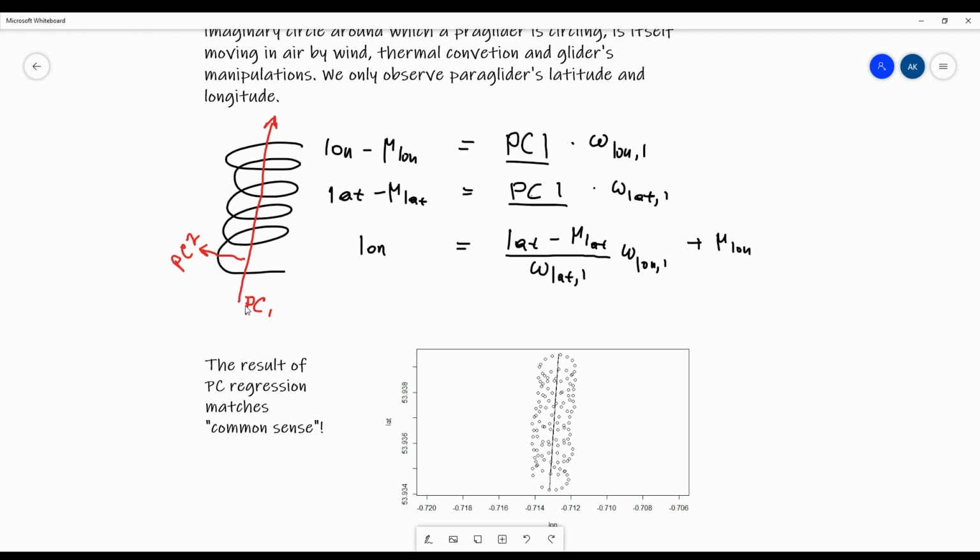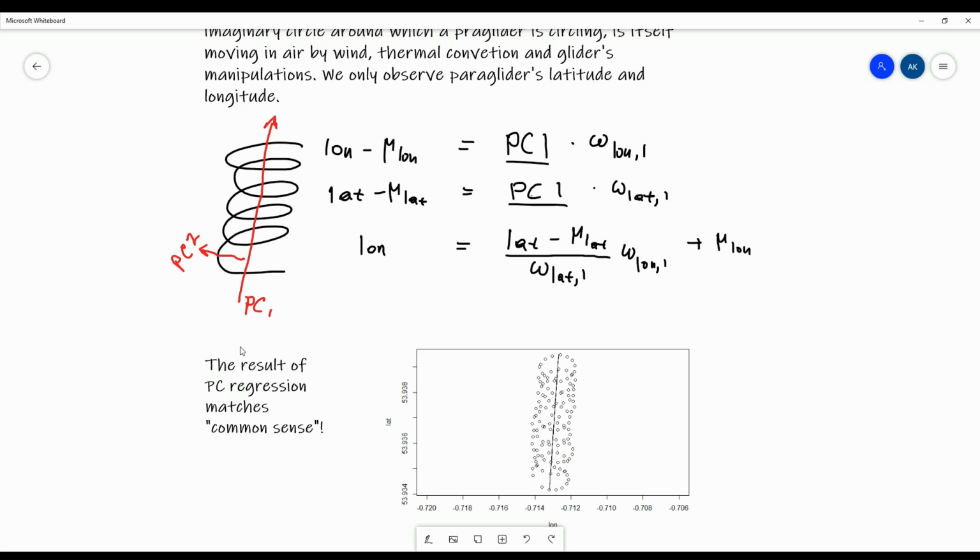And most of the variation of the data is along south to north. That's why if you run PCA on latitude and longitude straight, you are going to get PC1 directed from south to north, maybe a little bit tilted with the wind direction. And the remaining variation is along, what is it, along the latitude.